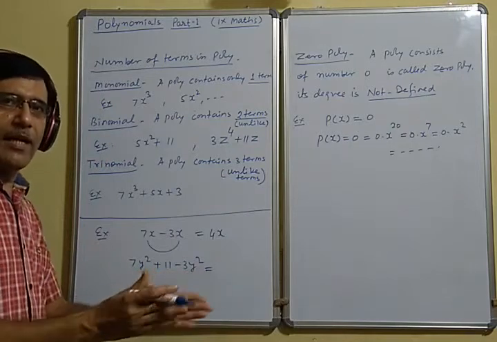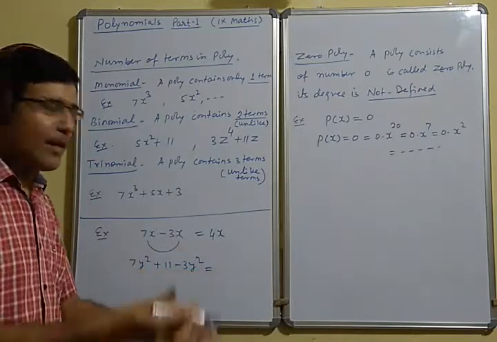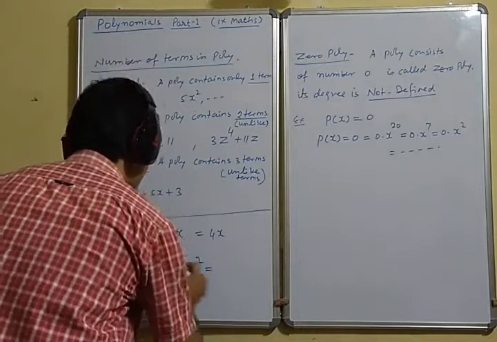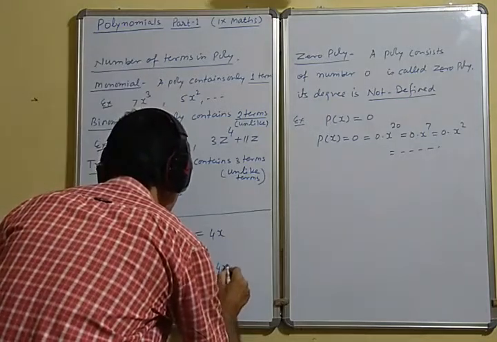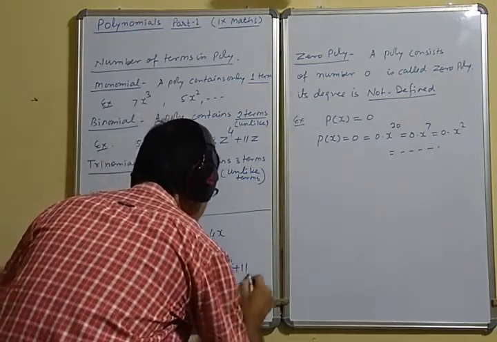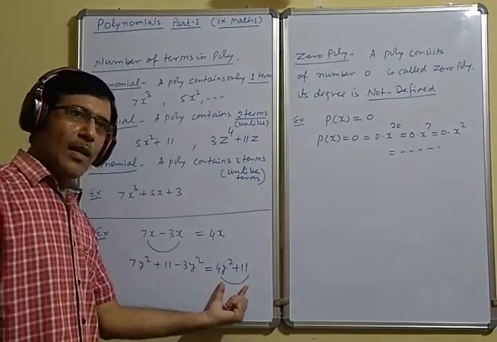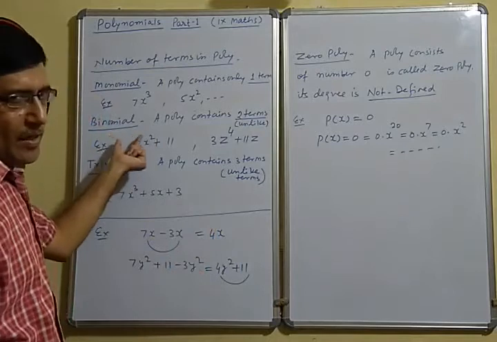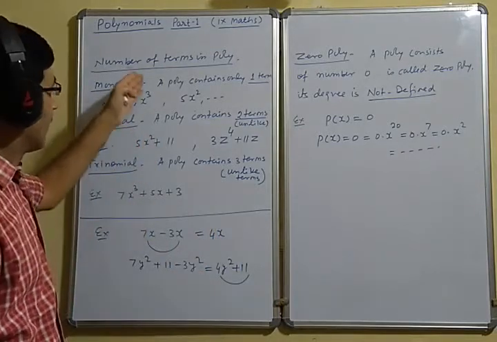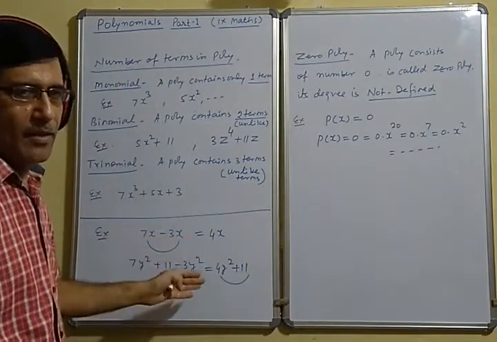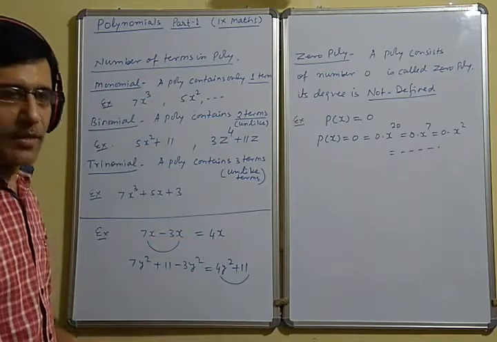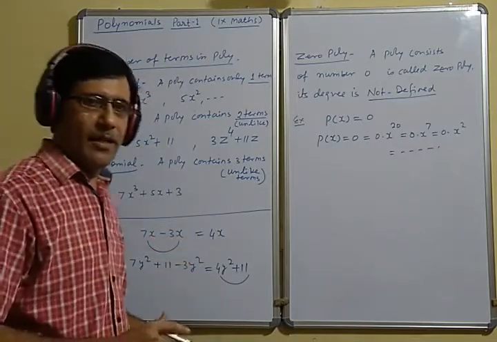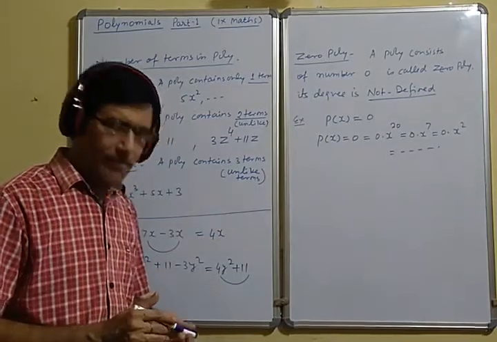So we add or subtract as per the condition given in the question: 7 minus 3, that is 4y square plus 11. Now this contains two unlike terms, so it becomes a binomial. So that is the number of terms in polynomials. Now we will discuss some more examples to understand the definition of polynomials.